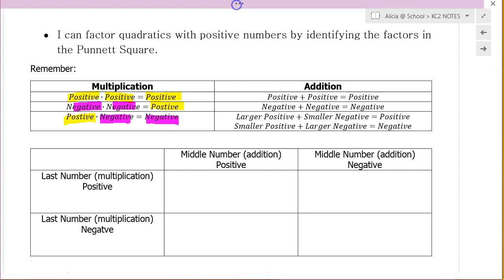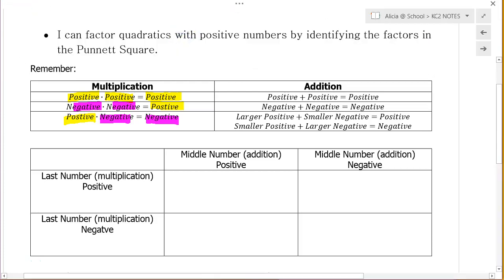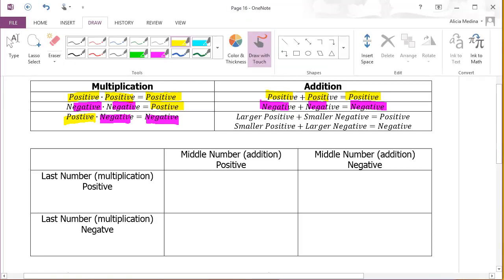When we are adding, it's slightly different. When we have two positive numbers, our answer is positive. When we have two negative numbers that we're adding together, that's still going to be negative. The other thing is when you have a positive and a negative. When you have a positive number that is larger, you have to make sure which one is bigger.